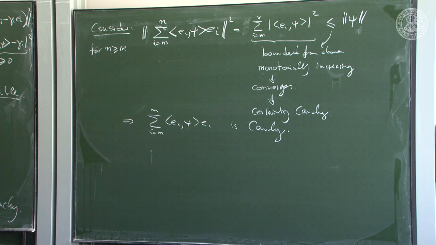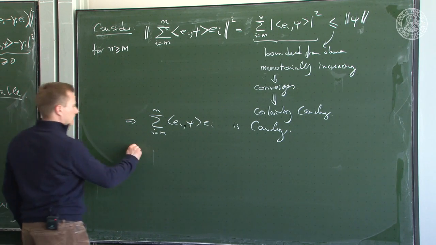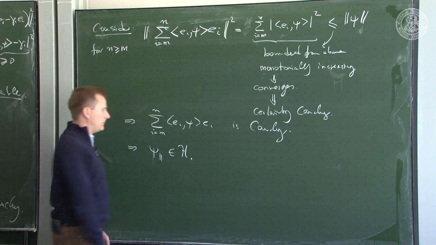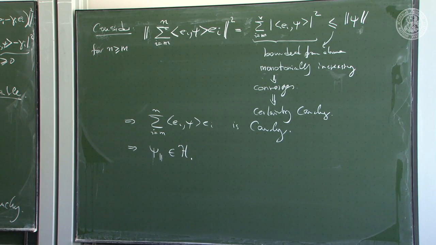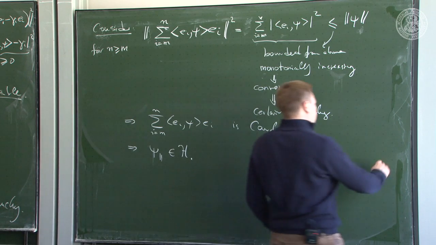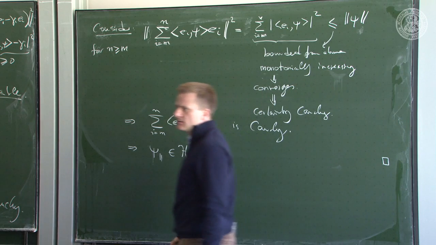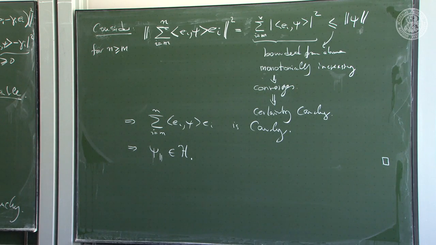Hence psi parallel, as defined in the theorem, is indeed an element of the Hilbert space. That's it. So you see, you really only have to do the stuff one usually does, and there's only a very small extra argument that you have to provide in order to check whether your infinite sum really is an element of the space where you claim it is an element of.